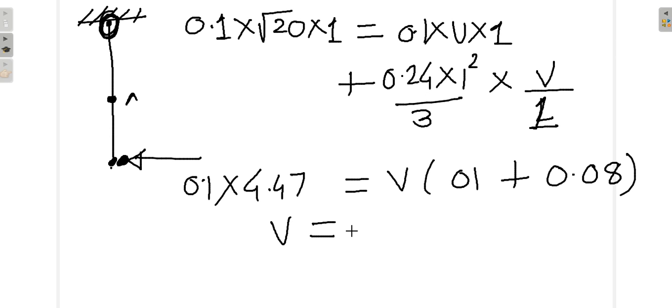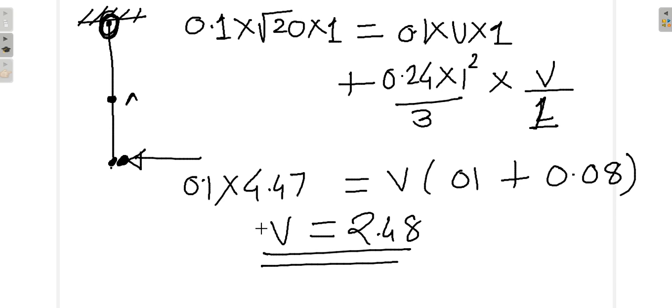So that leaves us with V as 2.48. So the velocity is 2.48.